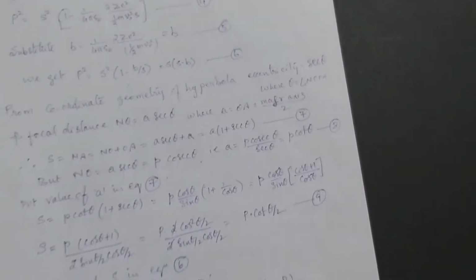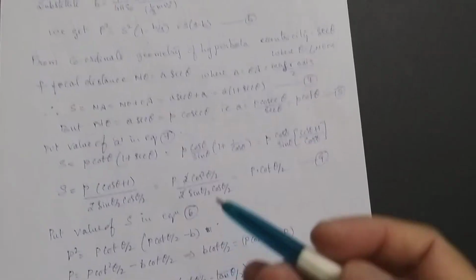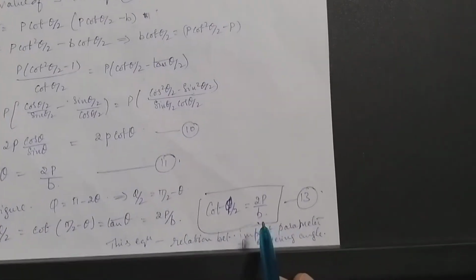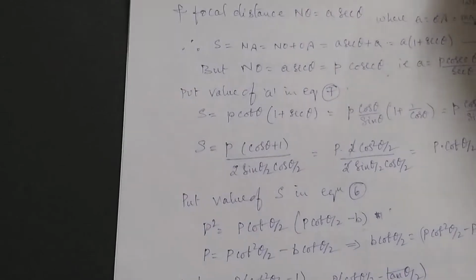Now all these calculations are trigonometric equations, coordinate geometry. So you can write from coordinate geometry and trigonometric equations, you get this result. This is the first step in Rutherford scattering. You have got a relation.